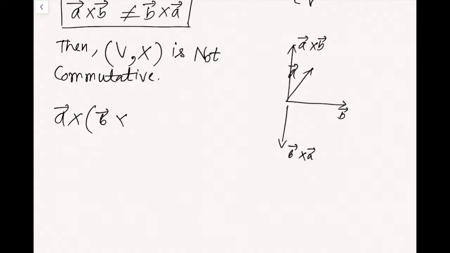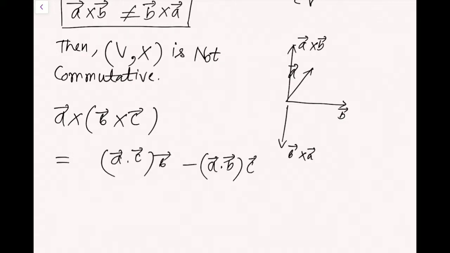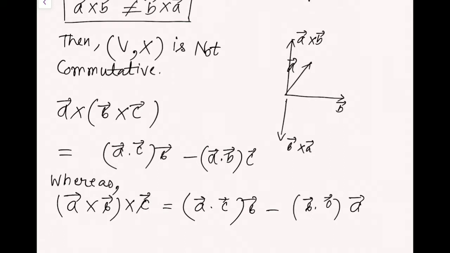A cross B cross C is equal to, whereas these are very pretty results of vector algebra.